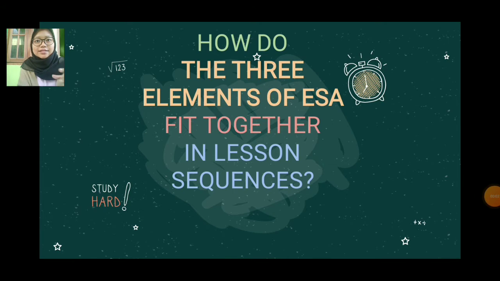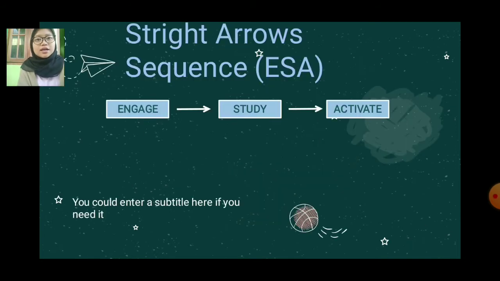Okay, next, how do the three elements of ESA fit together in the lesson sequence? Jadi, bagaimana cara pengaplikasian tiga elemen yang tadi yaitu ESA, engage, study, and activate di dalam proses pembelajaran. Nah, the first method is the straight arrow sequence.